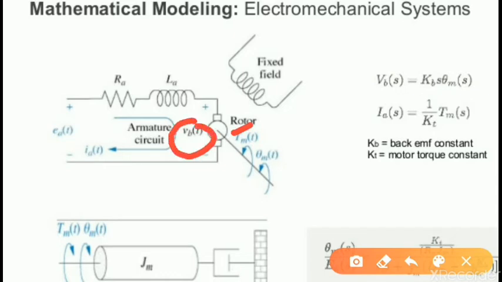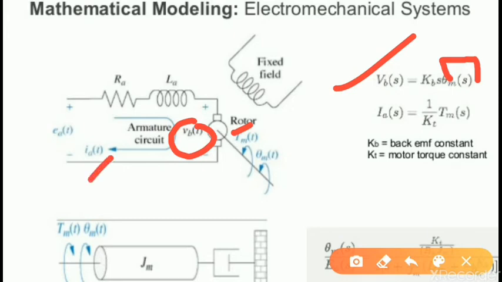So we can write in Laplace transform form that Vb(s) equals Kb s theta m(s), where s theta m(s) is d theta by dt in the time domain. This is the angular velocity, omega. So Vb equals Kb omega.